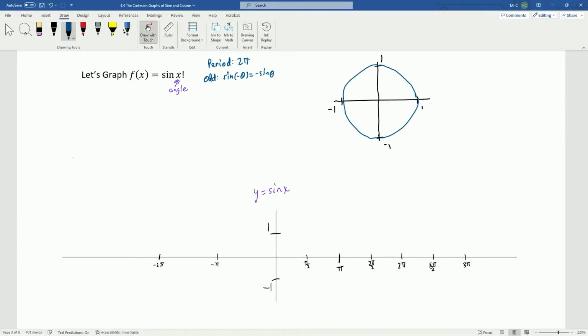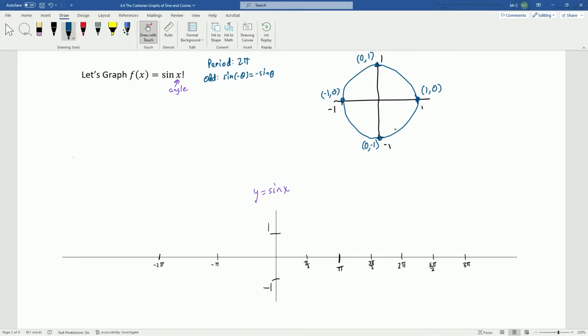All we're going to draw is the key quadrant points. So what do we know our X and Y values are here? 1, 0, 0, 1, -1, 0, and 0, -1. And of course, remember that sine is the Y value on the unit circle.